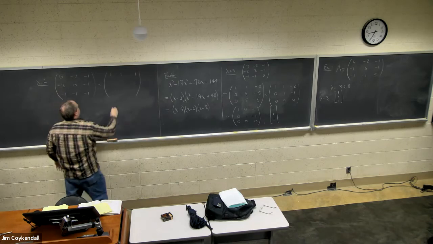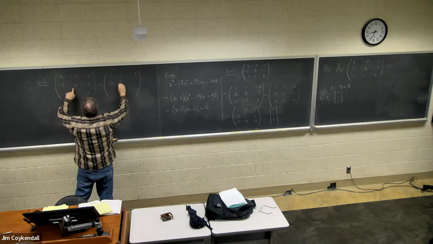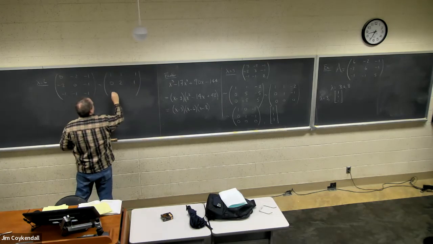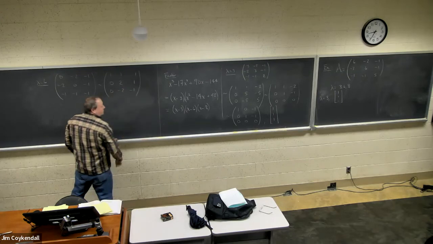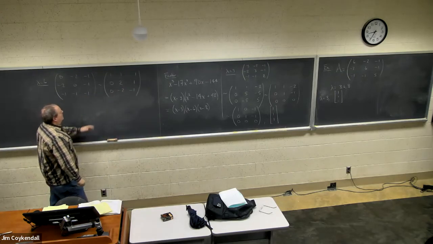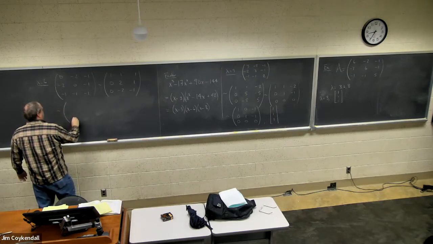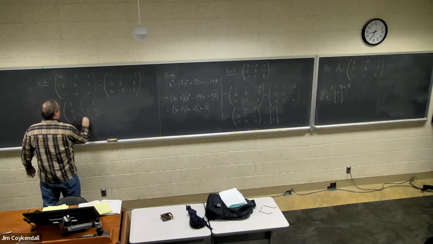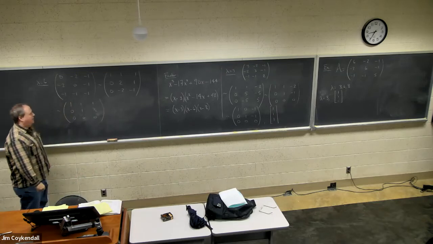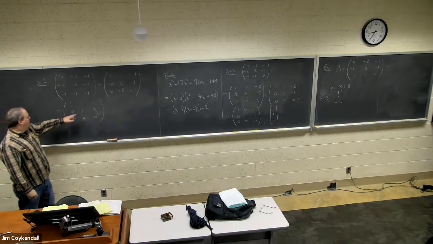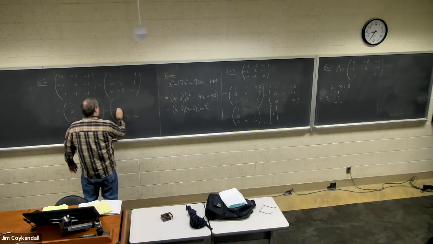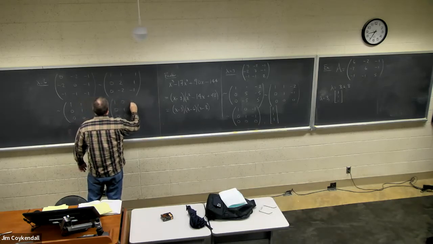Multiply by -2 and add. So I get that, and -1 here. 0, 0, 0, 0, 1, 1/2, 1, 0, 1/2.